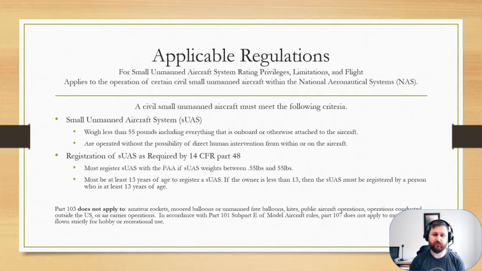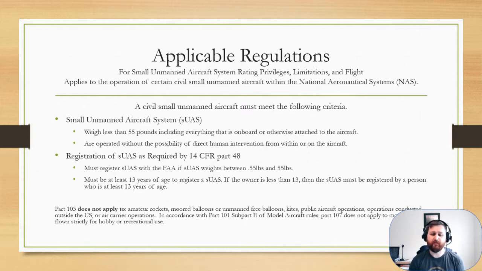Most drones are sitting in the 15 to 20 pound range, and those are pretty big. You can find a lot smaller ones that are typically in like the 5 pound range. You can even find ones that are pretty lightweight too, like the DJI Minis. So it must weigh less than 55 pounds.